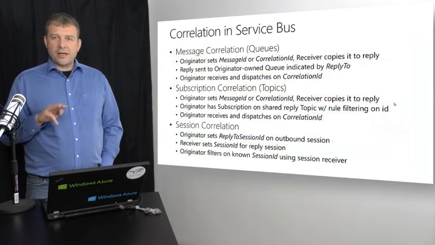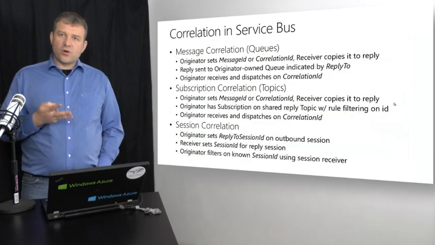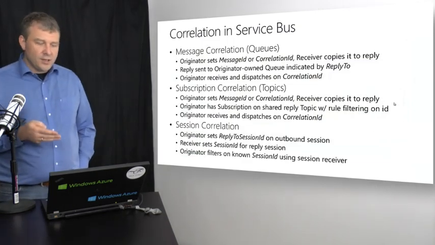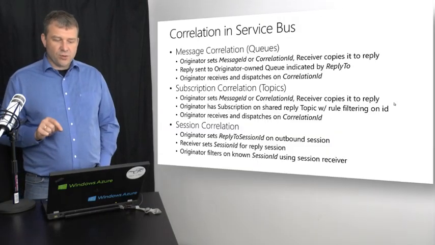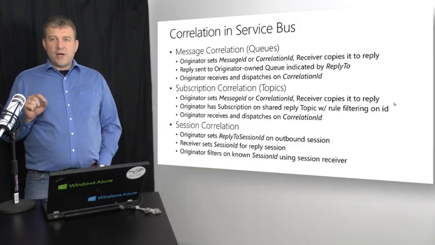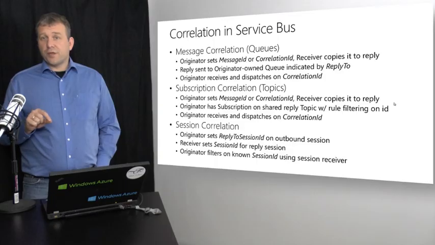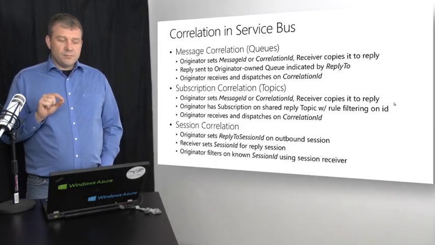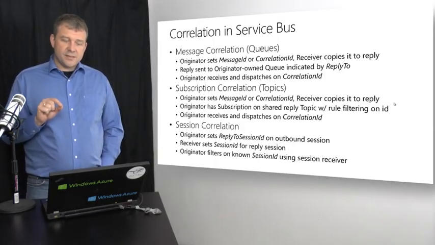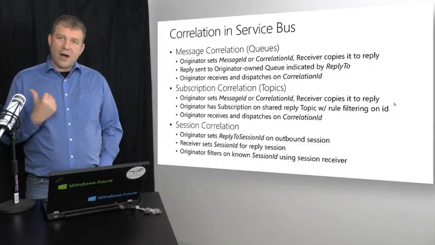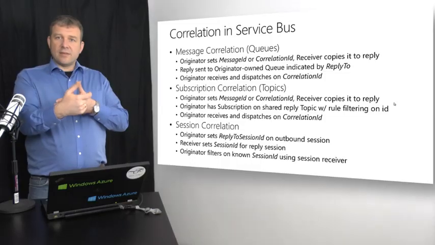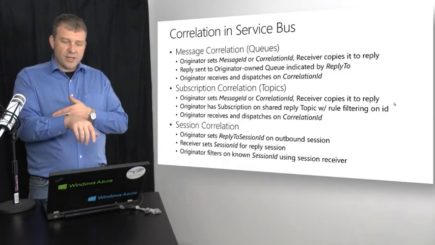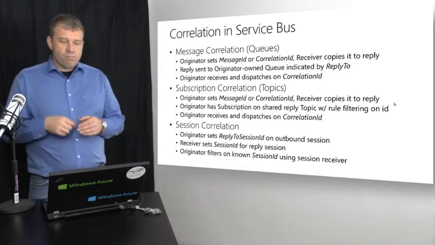There are actually 3 different correlation models that we can make possible. The slides were showing effectively the simplest model, where you have message correlation, and you're doing this with queues. The originator sets the message ID or the correlation ID in the outbound message, and the receiver copies that ID to the reply. That's what we saw in the picture before.